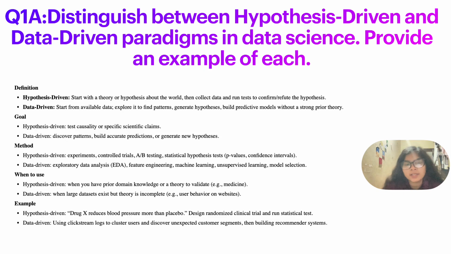Now we will collect data to verify if it is true or not. And for data driven, use clickstream logs to cluster users and discover unexpected customer segments, then build a recommender system. Let's take a simpler example. Suppose we have data of 1 million patients and we are analyzing their diet, blood pressure and sugar.